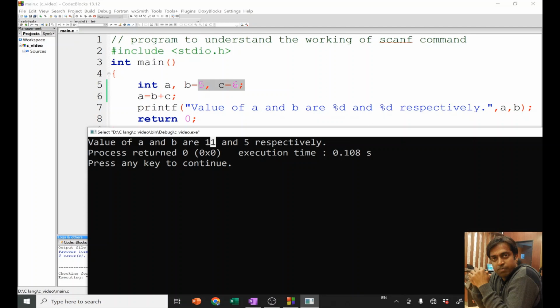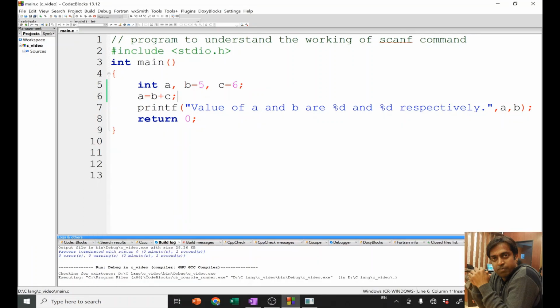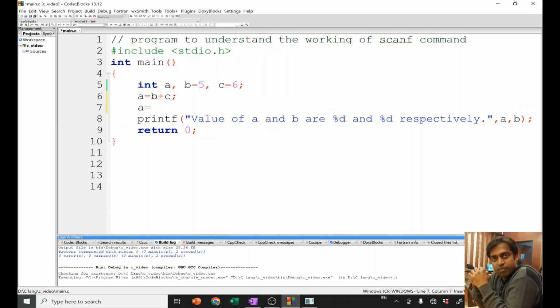Suppose after this I write a equals a plus 3. With the earlier statement, the value of a becomes 11. Now in the next line I put a plus 3, so 11 plus 3 will give me 14.